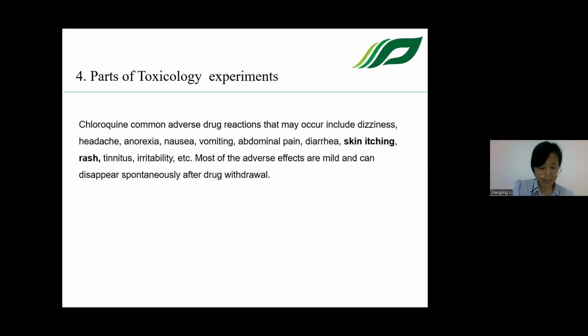As we all know, there are many adverse drug reactions that may occur when using CQ, especially because we use the CQ gel for external use. CQ can induce skin itching, rash, and irritability. If the CQ gel was too irritating to the skin, it will limit the use of the CQ gel on skin and in the vagina.